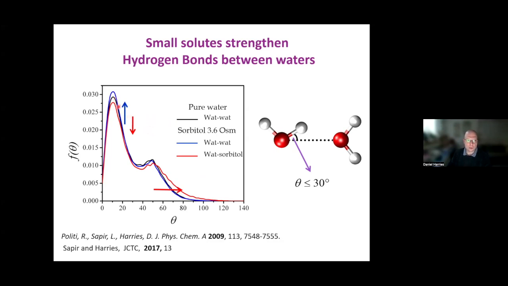So compared to water, and here we see the probability of finding a specific hydrogen bond configuration, we see a higher probability of finding linear water-water hydrogen bonds in the presence of polyols and sugars, while the hydrogen bond that is formed with the polyols is weaker.